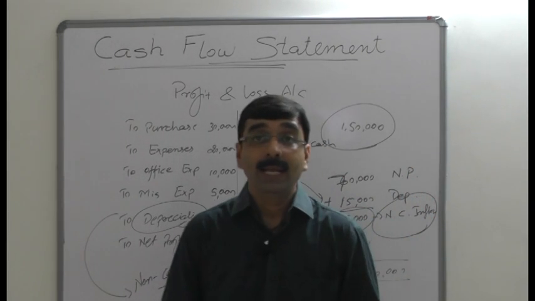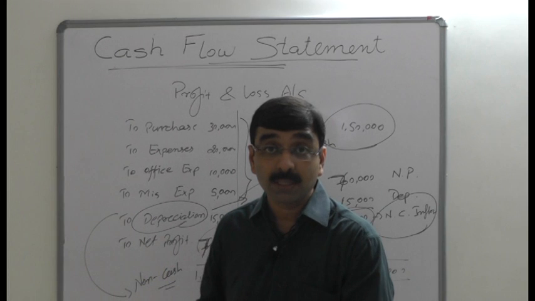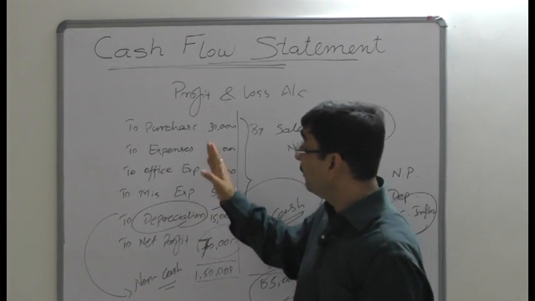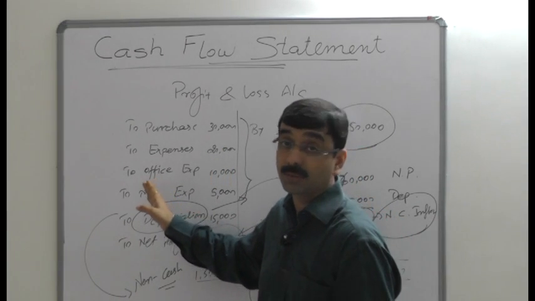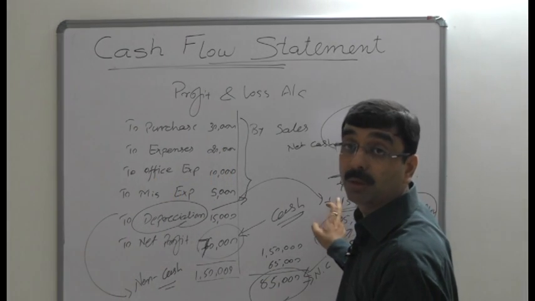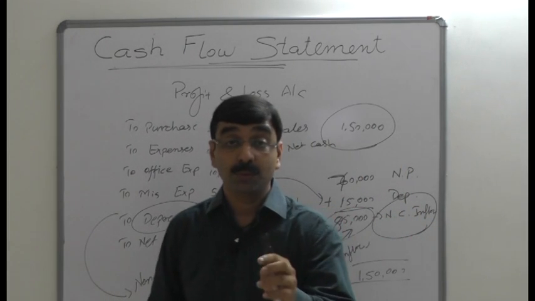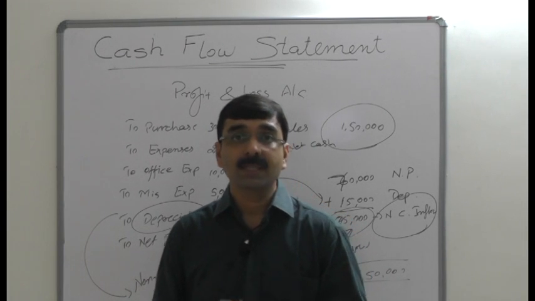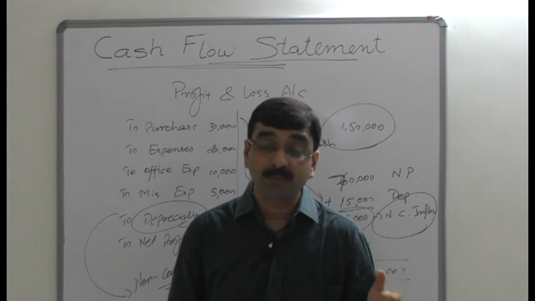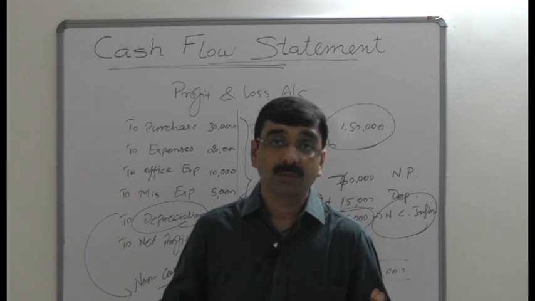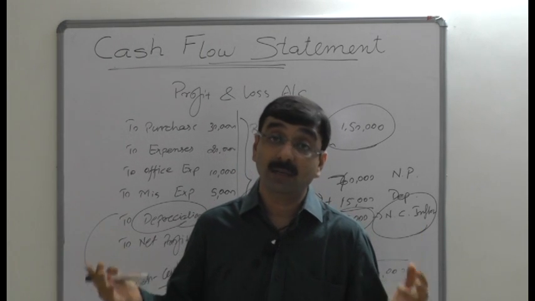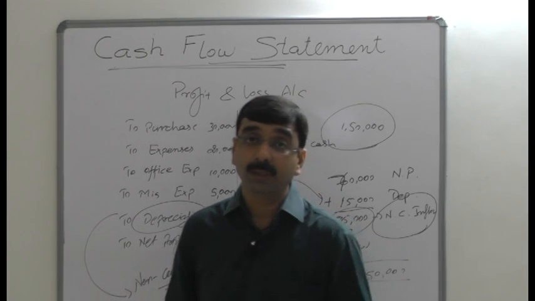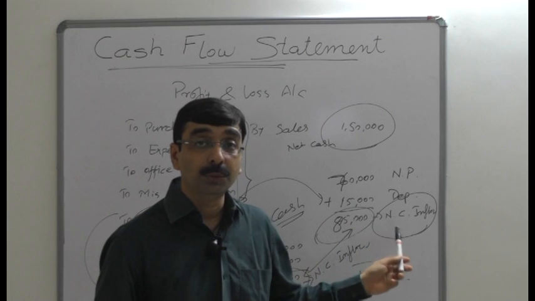In addition to that, any intangible assets or fictitious assets written off are also non-cash items, and if debited in the profit and loss account, they are also to be added back to your profitability to find out the net cash inflow of the business.